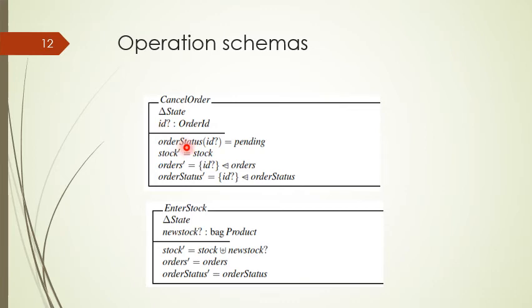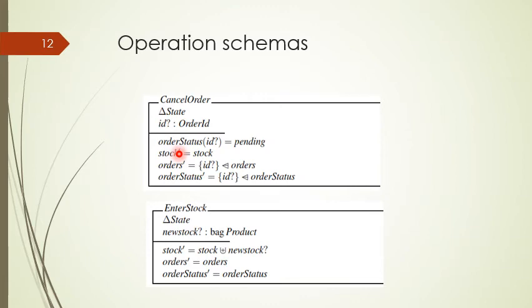So if for the input id, the order status is pending, then we can cancel the order. Therefore, the first predicate is a precondition for cancelling the order. And all three primed predicates are post conditions for the operation cancel order.